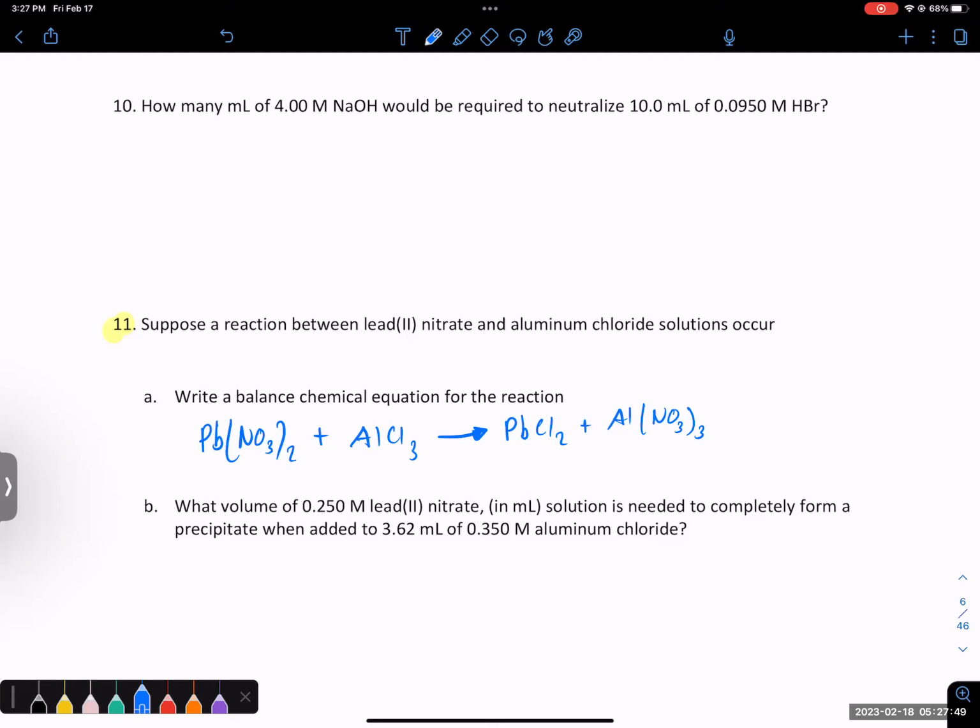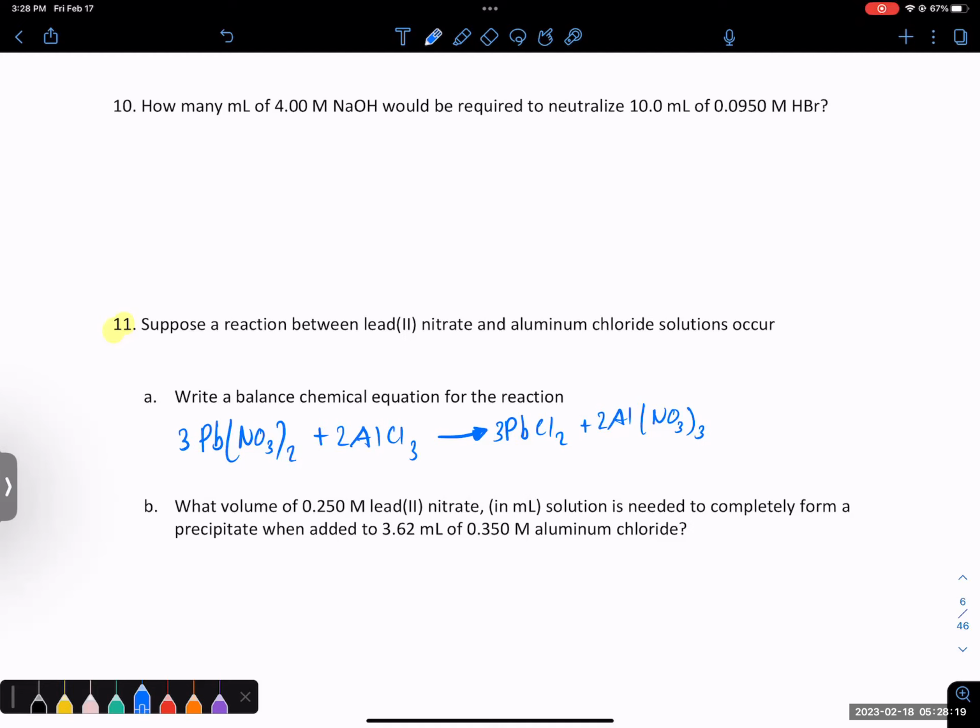Is this equation balanced, Rami? How'd you go ahead and balance it? 3 in front of the Pb(NO3)2, 2 in front of the AlCl3, 2 in front of the aluminum nitrate, 3 in front of lead chloride. Lead: 3 here, and then 3 here. All right, let's say 2 here, 6 here, 3 here, 6, 3, 3, 6. Yeah, works out.